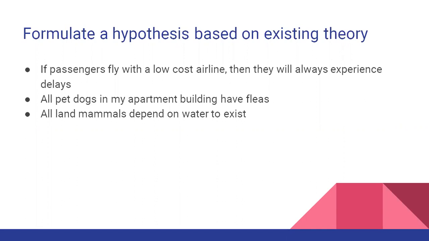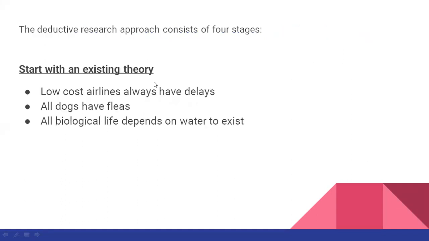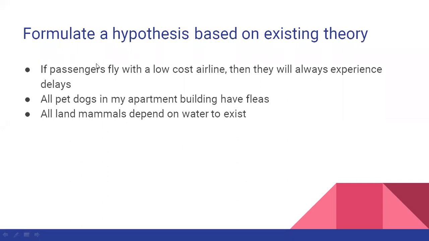Now, if passengers fly with a low-cost airline, then they will always experience delays. This is the hypothesis that we have considered for this particular theory. Now you can see the pattern of a hypothesis, right? How we formulate a hypothesis. It is kind of an if-then structure. Means if these things happen, then what would happen?